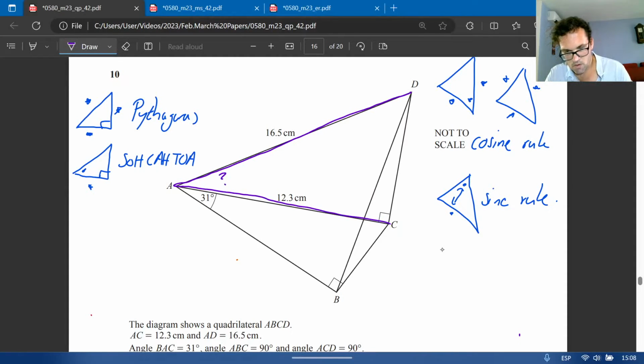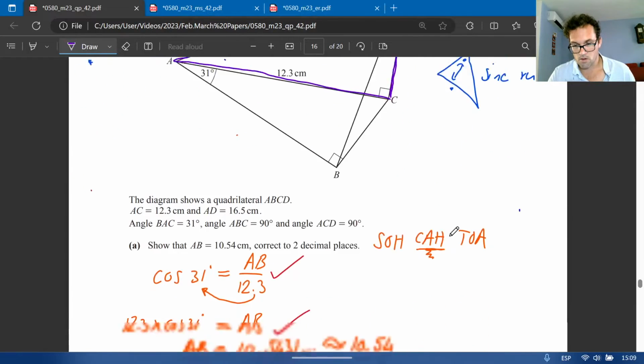We want to know what that angle is. Again, it forms part of a right angle triangle. There's an angle involved, and we want to know what the angle is in this case. Still, an angle is involved, so we're going to use SOH CAH TOA.